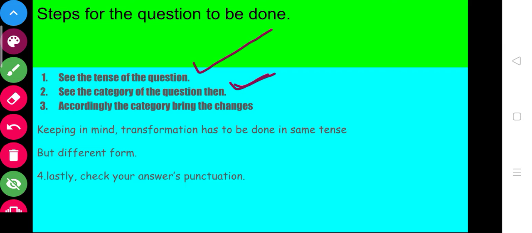But in this video we are just talking about the general steps to be followed whenever we are attempting any question. The third thing that you need to see is, accordingly, the category, bring the changes. So whatever category is there, accordingly you bring the change. If it is direct speech, you need to know the rules of changing that into indirect speech. If the question is in the active voice, you need to know the rules to change it into the passive voice, or any of the other sorts of transformation.